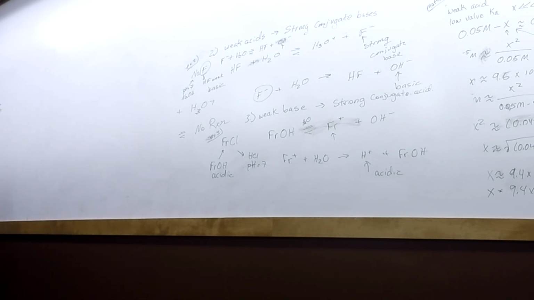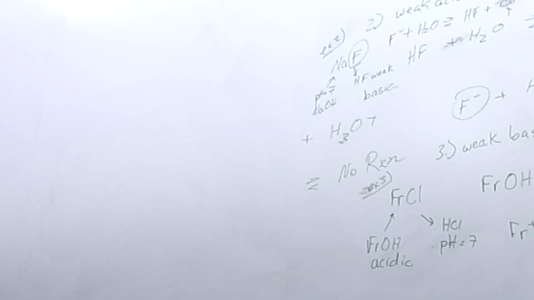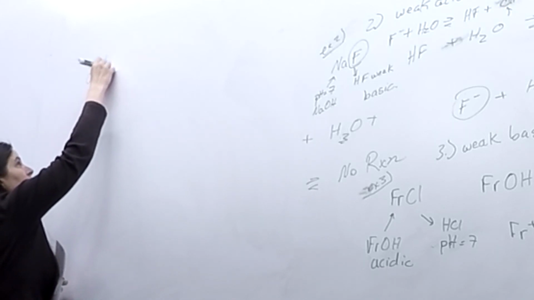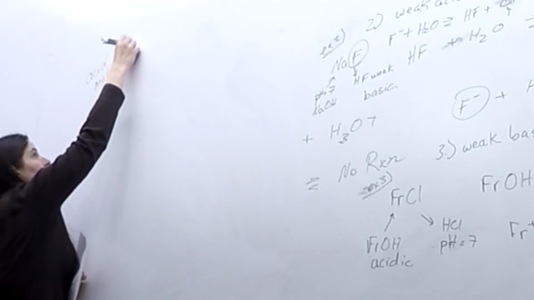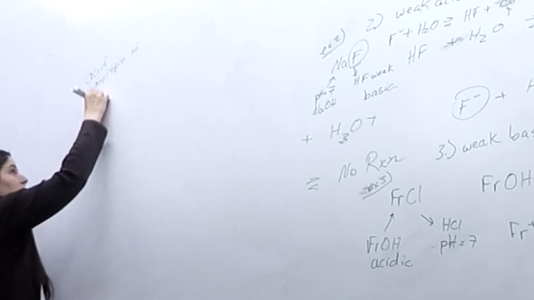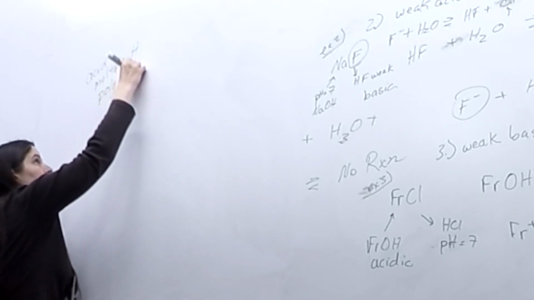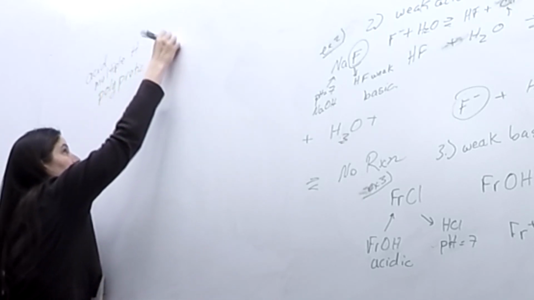Last little concepts, and this is just going to be, again, leading on. Some acids have multiple hydrogens. They're called polyprotic acids. Remember, the H in front is a proton, so H plus and proton are interchangeable words.